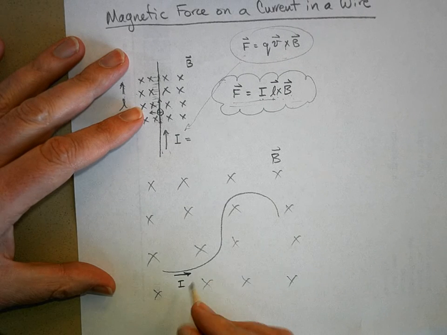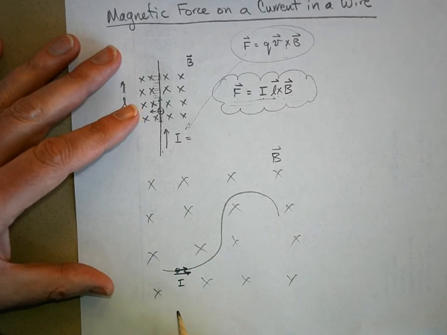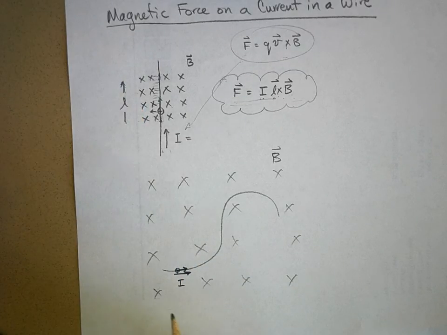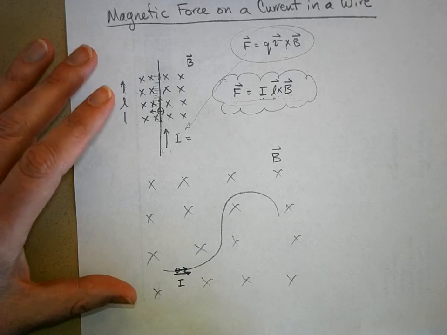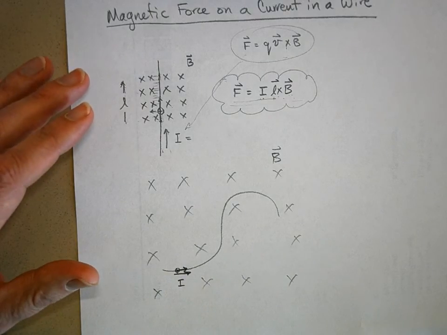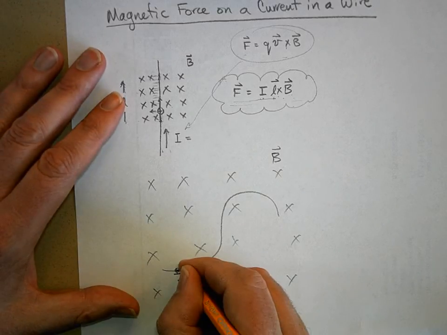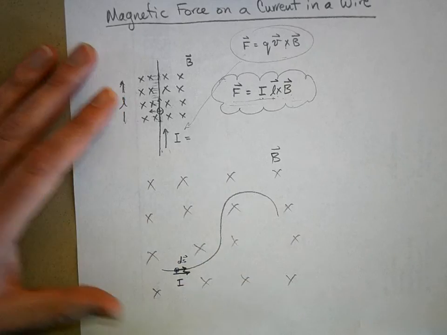Well, this right here is going to have a little force on it. Here's the current, but if I look at my little charged particle, it's going to have a little tiny displacement. We could call it dl. I think the book calls it ds. They go from using L to ds. It's okay. So here's my little tiny displacement. I'll just use ds.